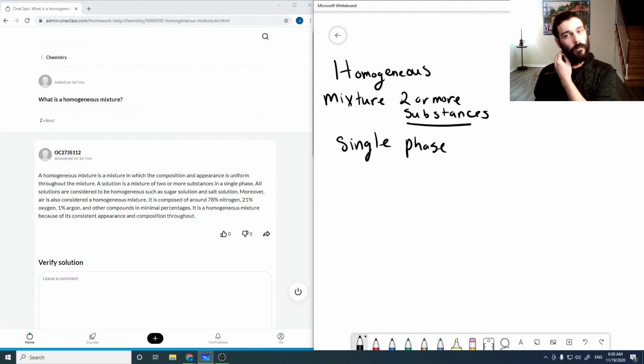And they're distributed equally throughout. So it has no discoloration at any point, and it isn't in some strange concentration in one area. So any salt solution forms a homogeneous mixture with water.